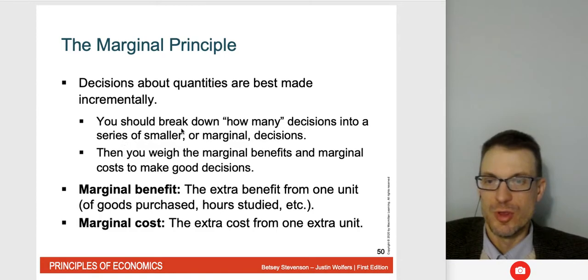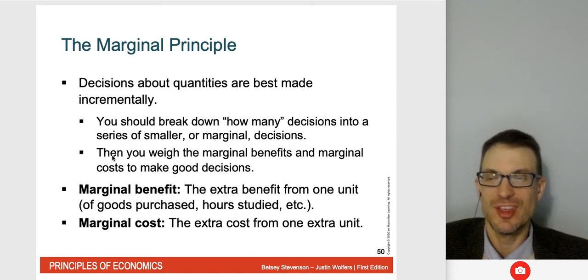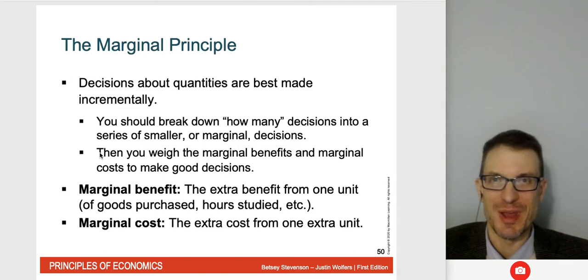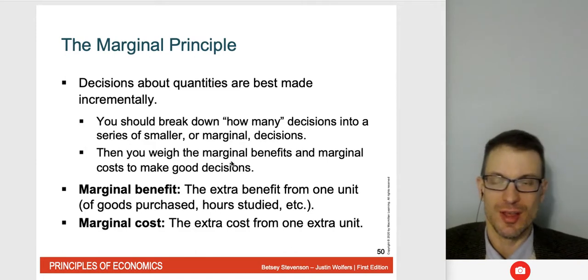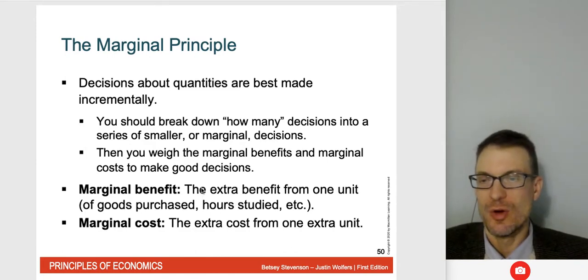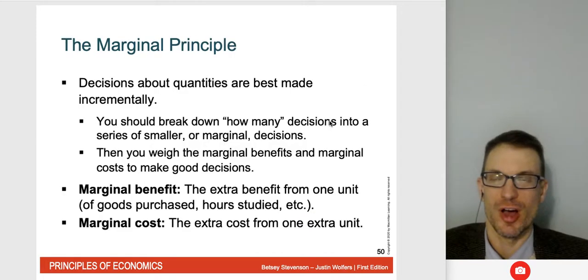Right? So what you want to do is break down how many decisions into a series of smaller decisions, into the incremental decision, then compare the marginal benefit to marginal cost. So part 2 actually looks like the cost benefit principle, right? Part 1 is the incremental portion, and then you make the comparison of costs to benefits. What again makes the cost benefit principle different is the emphasis on the full set of costs and benefits and everything that's relevant to the decision.